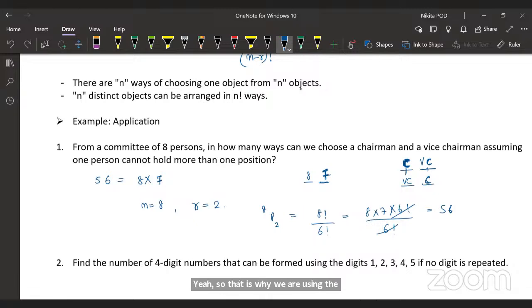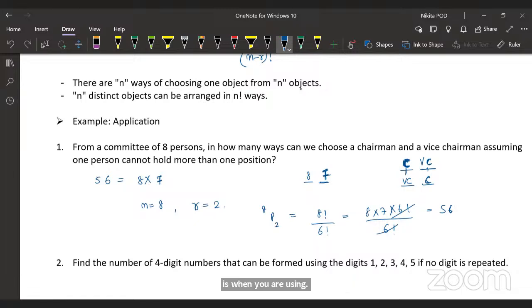We use combinations when order does not matter, but here it matters which person you choose as chairman and which as vice chairman. So that is why we are using permutation.